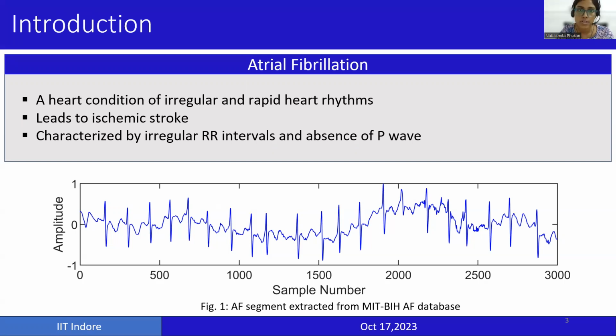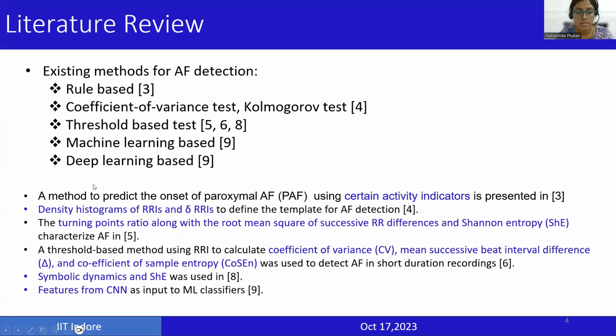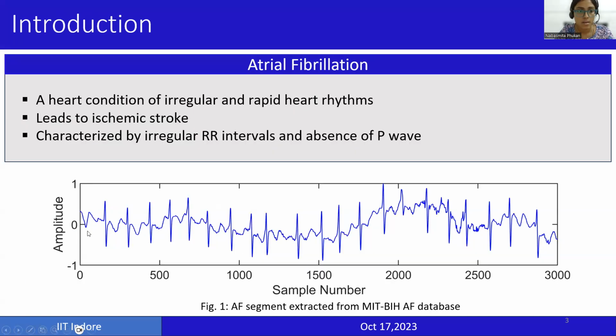Atrial fibrillation is basically characterized by two measured things: RR intervals, that is the distance from one R peak to another R peak, and the absence of P wave. Here we can see that the RR interval from this peak to this peak is different from the RR interval from this peak to this peak.